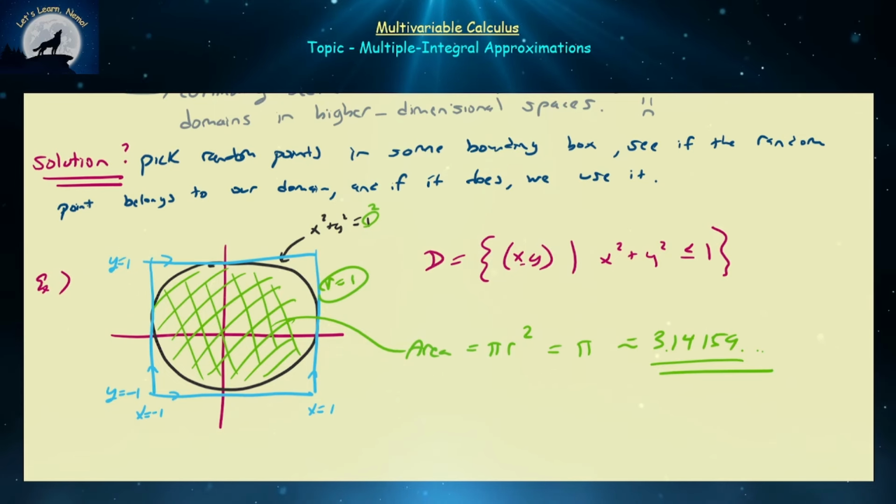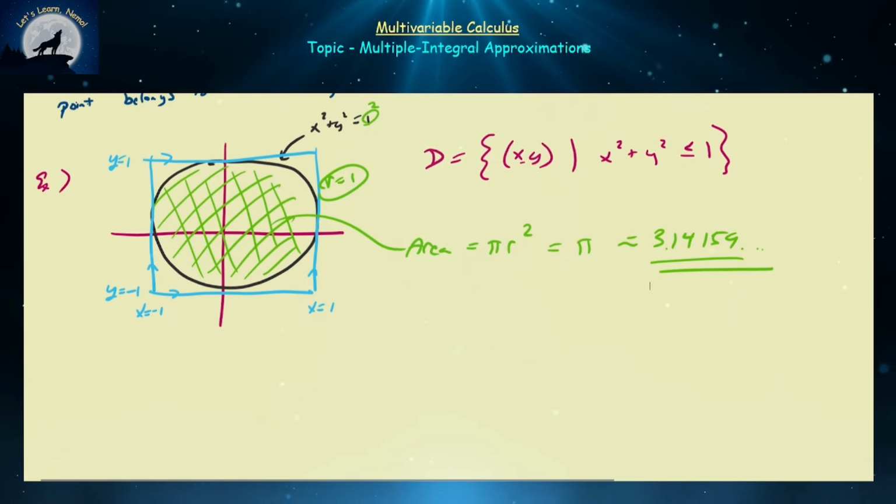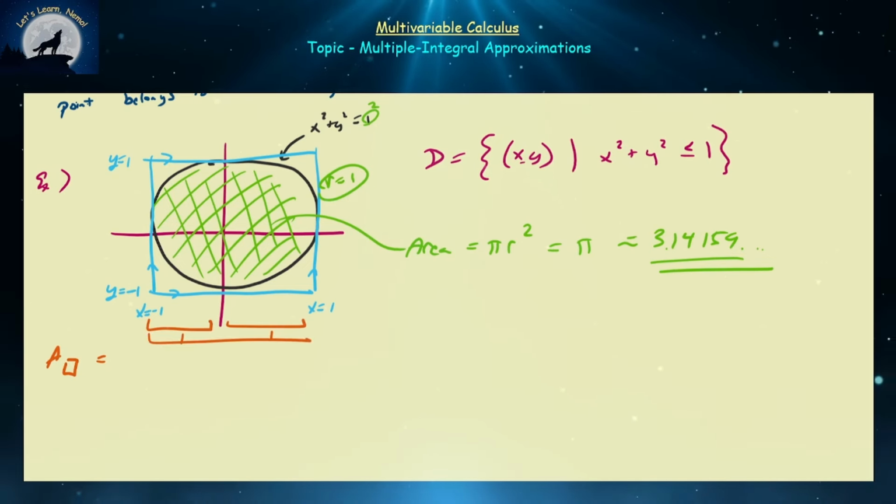So if I ask you to pick a bunch of points in this region, what is the probability that the point within this square lies inside this circle? Right? So the area of the square is going to be equal to what? So if this distance is 1 and this distance is 1, then the entire length is going to be equal to 2, and same thing goes for the height.